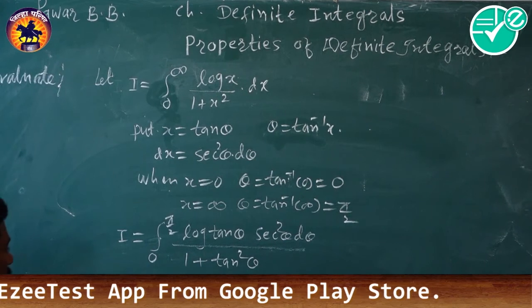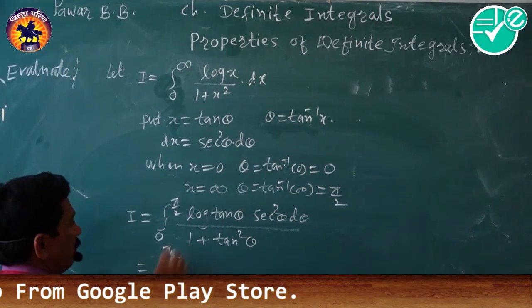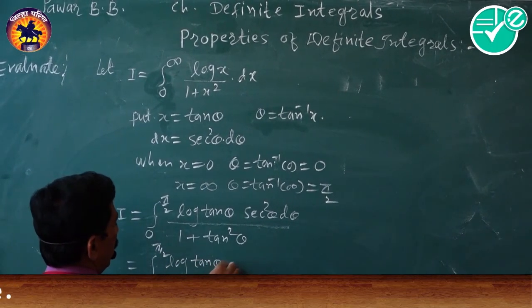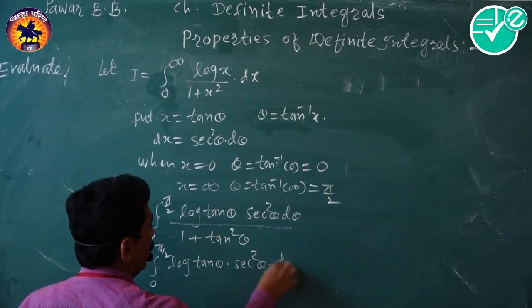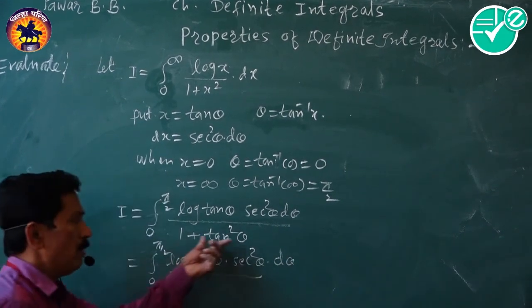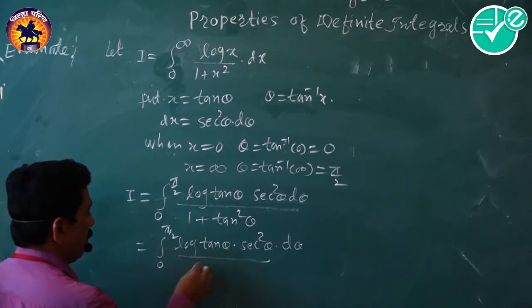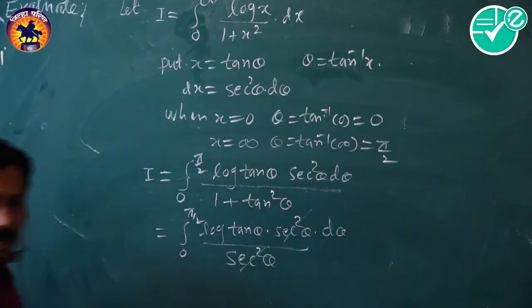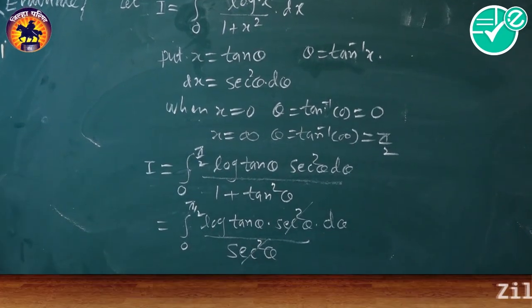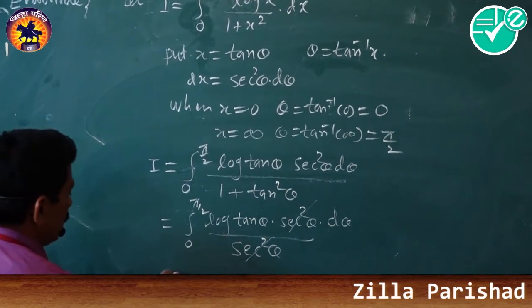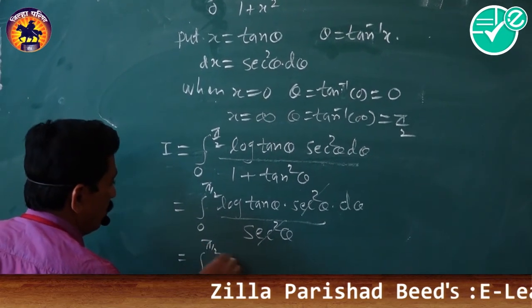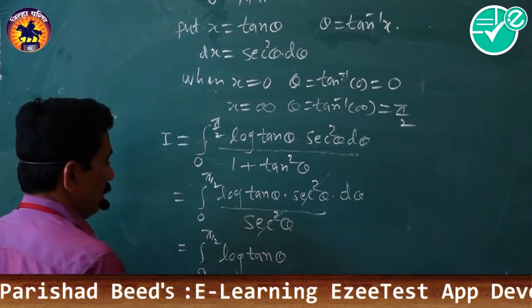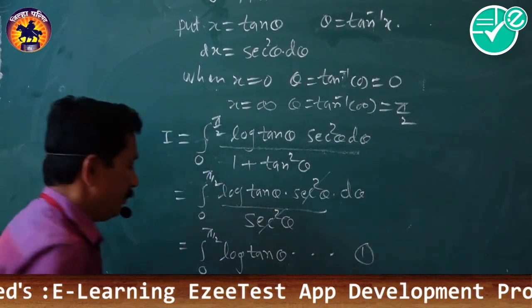This is equal to integration from 0 to pi by 2 of log of tan theta into sec square theta d theta divided by 1 plus tan square theta, which is again sec square theta. Now this sec square theta gets cancelled, and this is nothing but integration from 0 to pi by 2 of log of tan theta. Let it be equation 1.